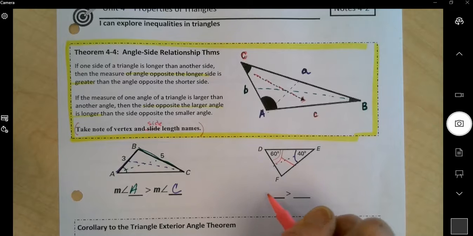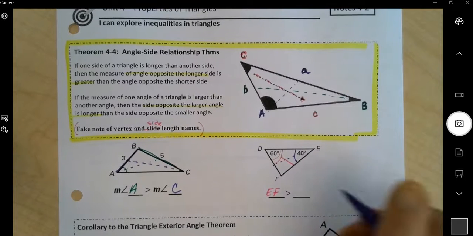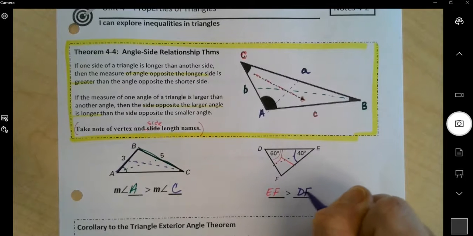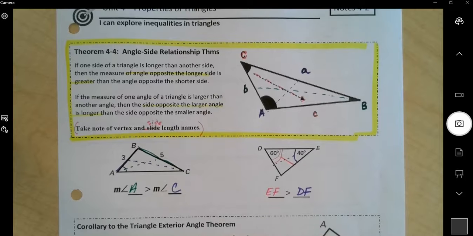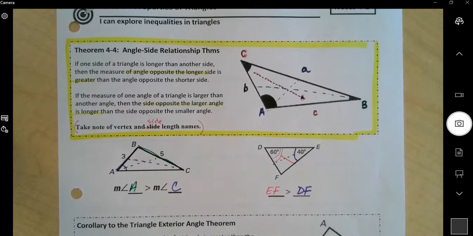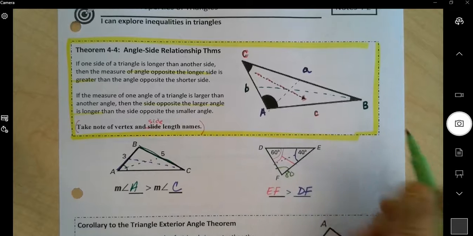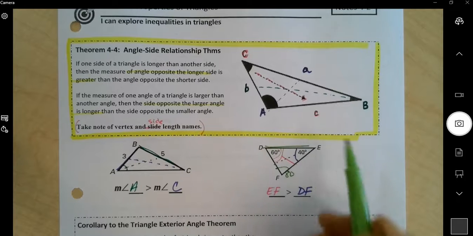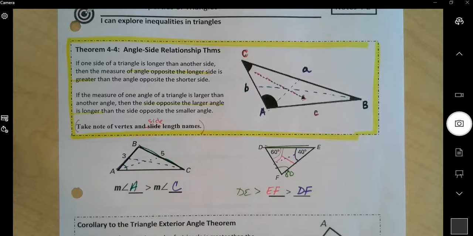So I know that the distance from E to F is bigger than the distance from D to F because of the size of that angle. Go ahead. Would D to E be bigger than F to E? Well, in this circumstance, yeah, because if this is 100, that means that this is an 80. So then that means that D to E is going to be my biggest distance. Absolutely, Ethan.